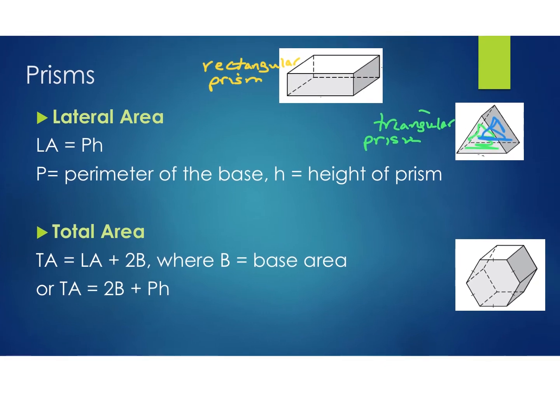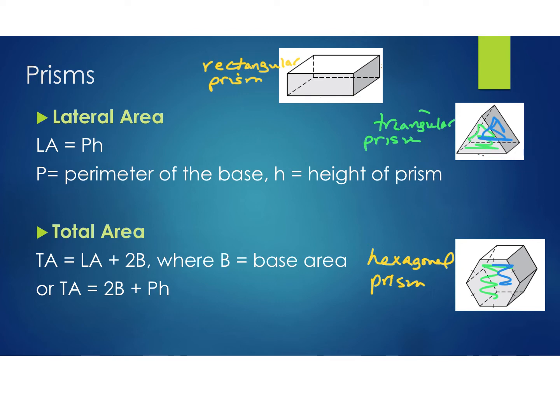And then the shape down here is actually a hexagonal prism. Notice we have 2 hexagons, one here in the front and then one back here in the back. And then there's 6 rectangles for the lateral faces.